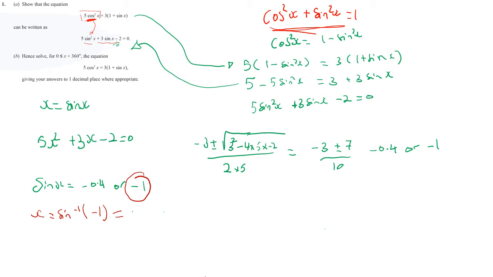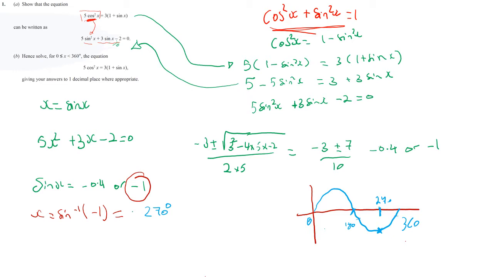If we draw a sine graph here, that is 0, that's 360, that's 180. So we want the part where it is equal to negative 1, which is this part here. Okay, so that is equal to 270 degrees.